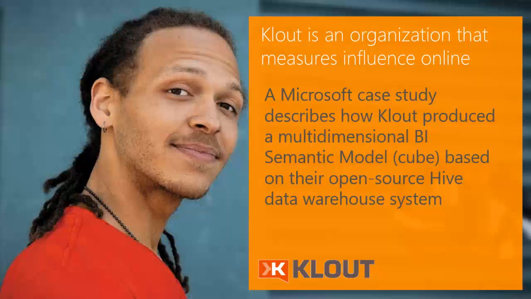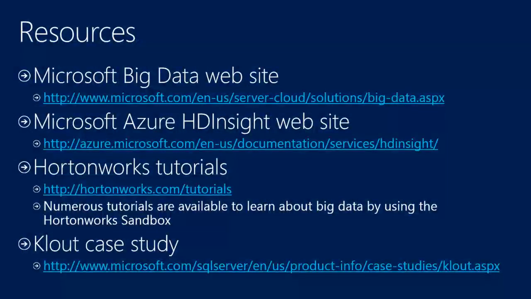I'm not exactly sure how it happens, what data they use, but the value add that they have is that they can take masses of data and they can distill it down to a single score assigned to an individual, and that delivers value to organizations like hospitality and so on. They delivered a solution by using Microsoft Big Data and analysis services with cubes, and this case study is available for you. That's the last link here on the resources slide.